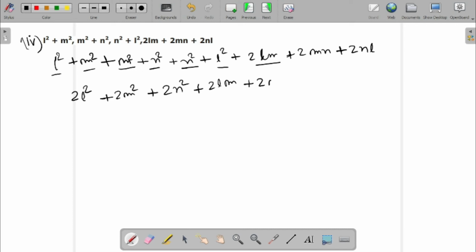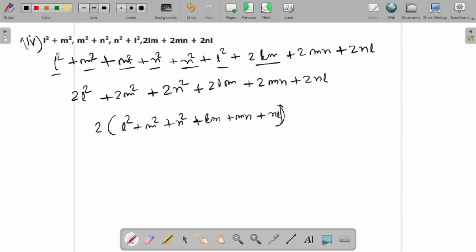Or 2mn plus 2nl. So all terms are with 2. So we can write in this way also: 2 bracket l square plus m square plus n square plus lm plus mn plus nl. We can write in this way also.